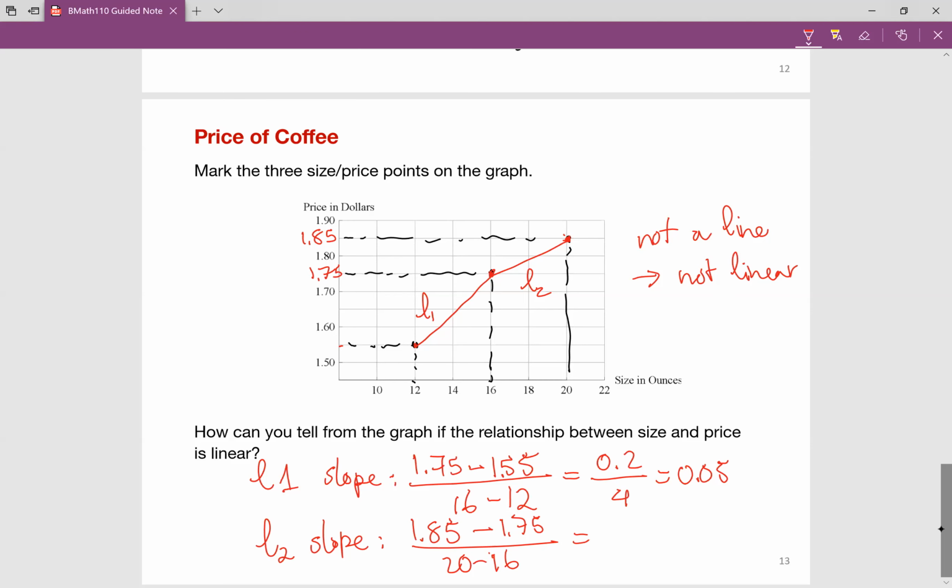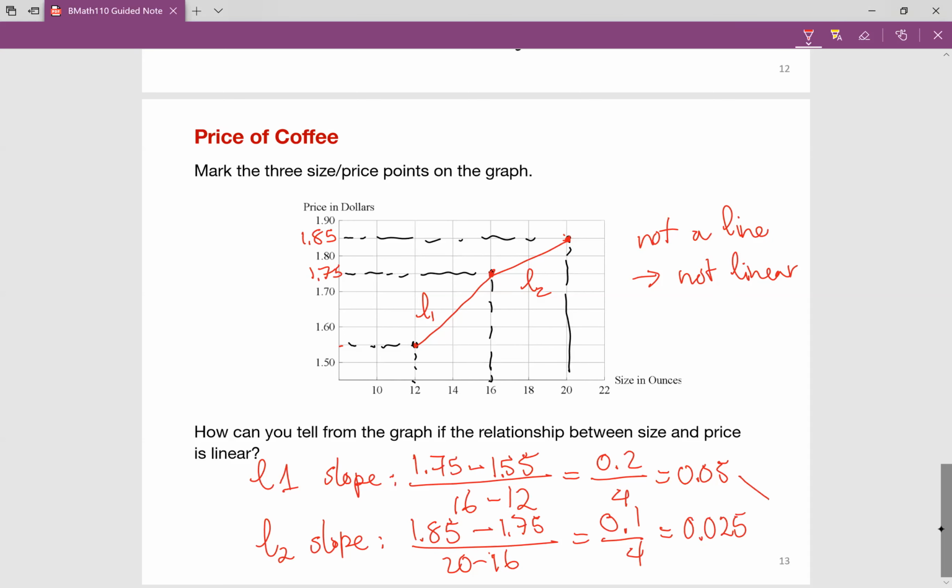So that gives me 0.1 over 4, which is equal to 0.025.